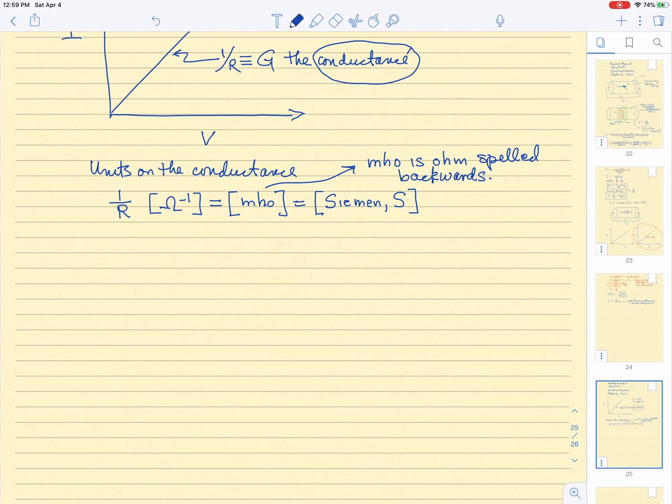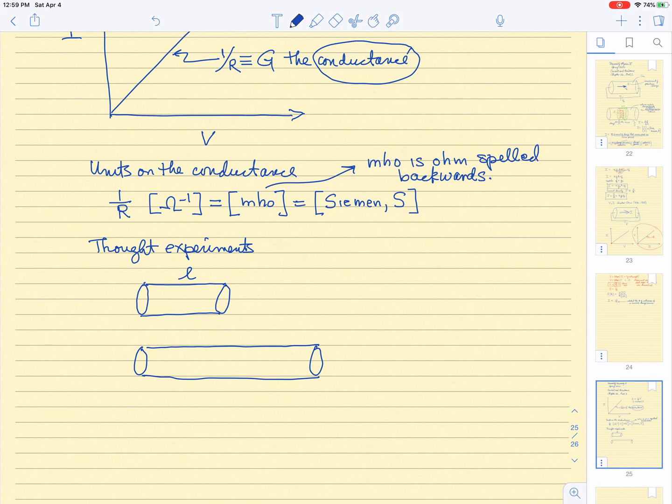So what I want to do now is do a couple of Gedanken experiments, right? A couple of thought experiments. And so imagine that I have a chunk of conducting material, and this is length L, and I have another chunk of conducting material, and it has length 2L.